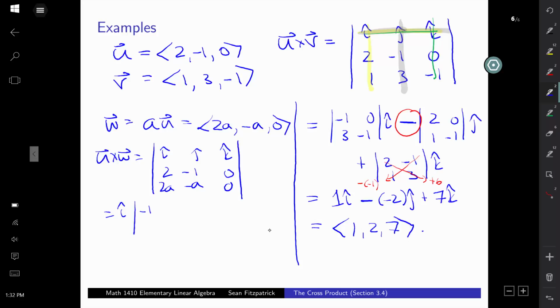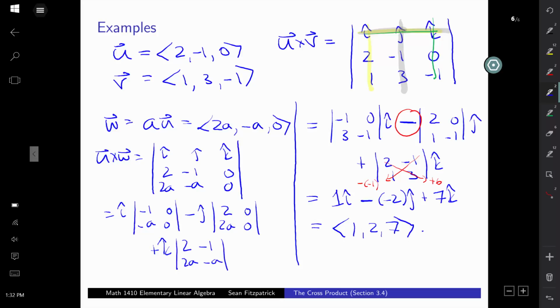Well, the first one, we get that, minus j times 2a, 0, 0, k times 2, minus 1, 2a, minus a.